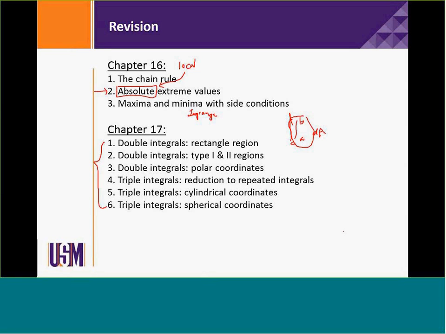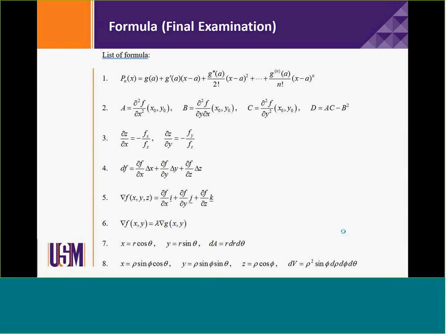Some formulas will be given. The list of formulas that we will give you is the Taylor's polynomial. This is to get the extreme value, the local extreme value formula. This is the implicit differentiation. I give all, but not all will be used in the final exam. This is the total differentials, the differentials. This is the gradients.